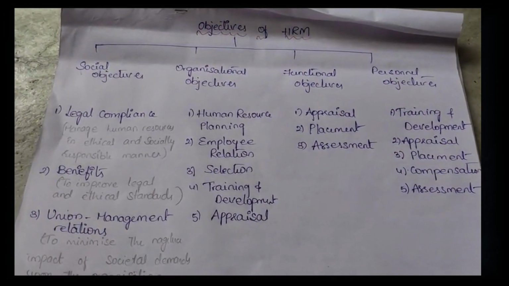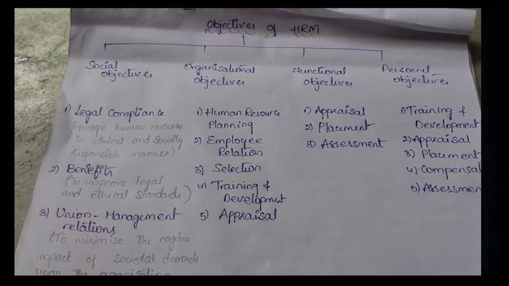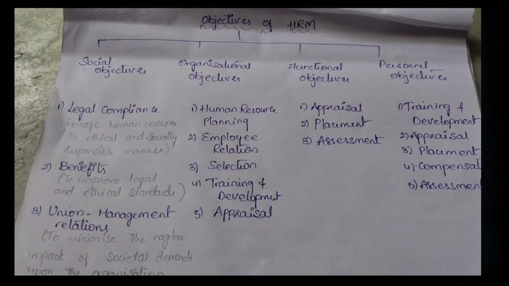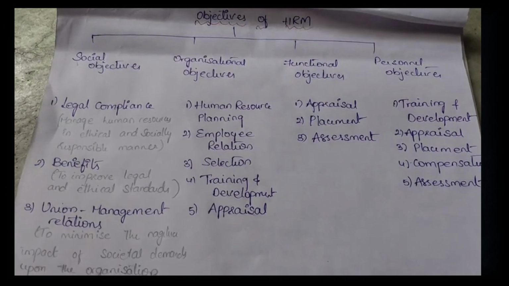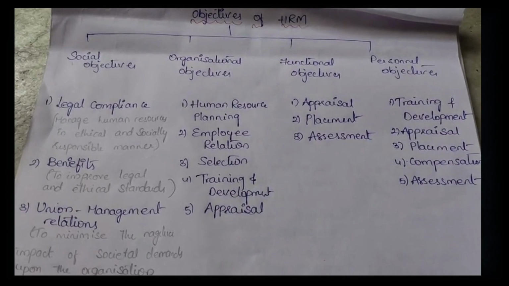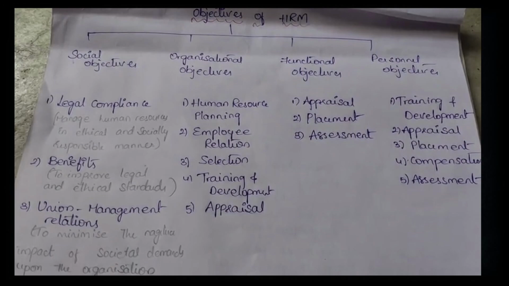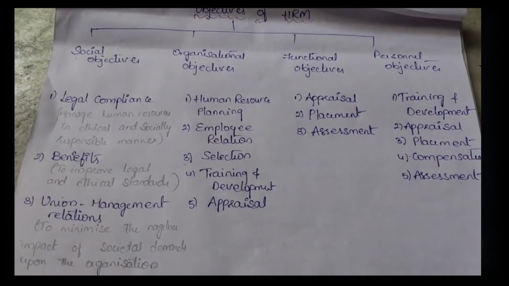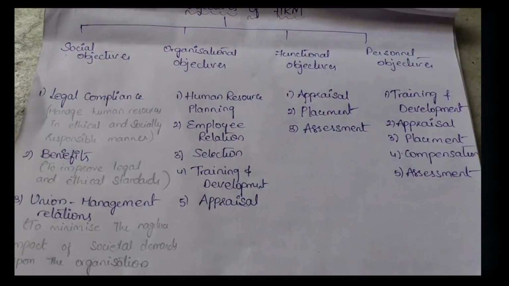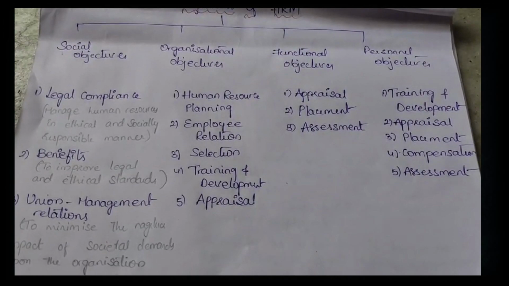First point is human resource planning. The main objective of every business is to accomplish the organizational objectives and goals. So to reach those goals, human resource management should have some plan to accomplish them. How many employees are required for that organization, what type of employees are required, and what type of skill and knowledge is required for their organization.